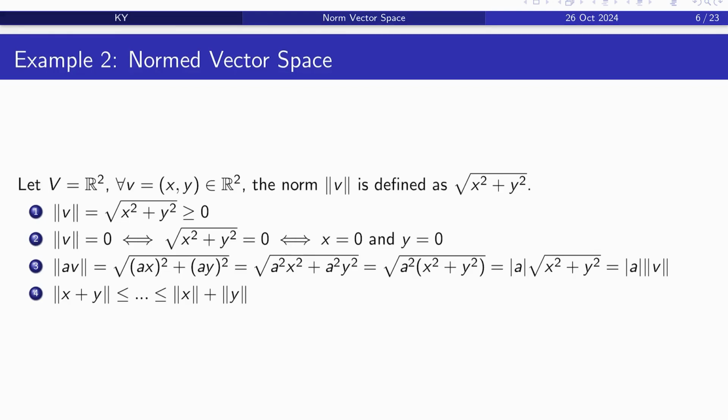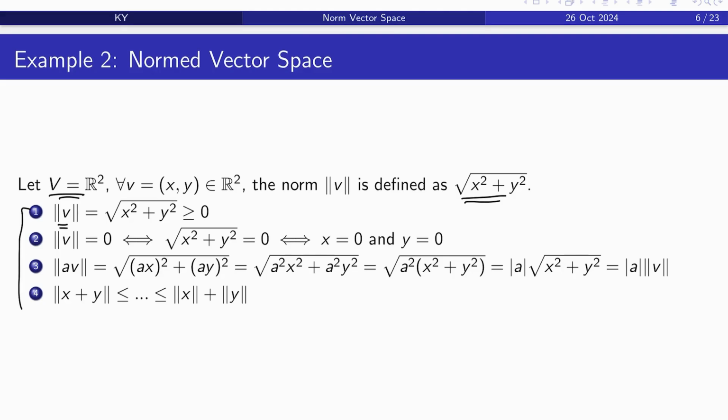So we have a vector space in R2, where the norm is defined as our usual Euclidean distance, and as right here, 1 to 4, we're doing the same thing: we take a norm and you have your Euclidean distance, and this is going to be greater than 0, because the inside will always give you a positive value.